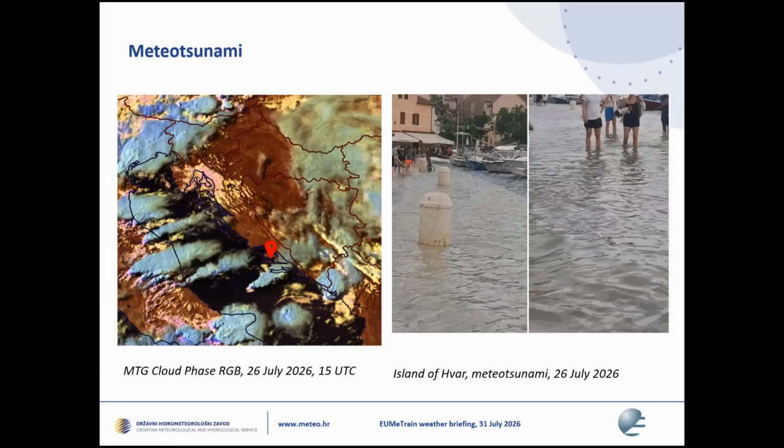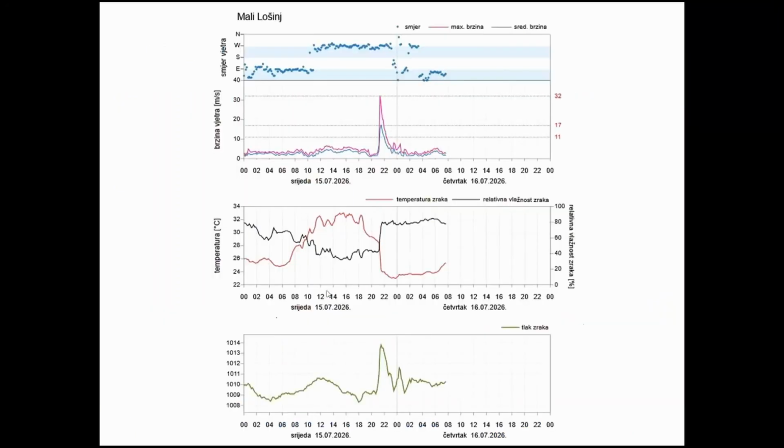For this example, I don't have automatic measurements, but as I said, we already had a similar situation a week before. On 15th July, we also had a meteotsunami on the island of Mali Lošinj.